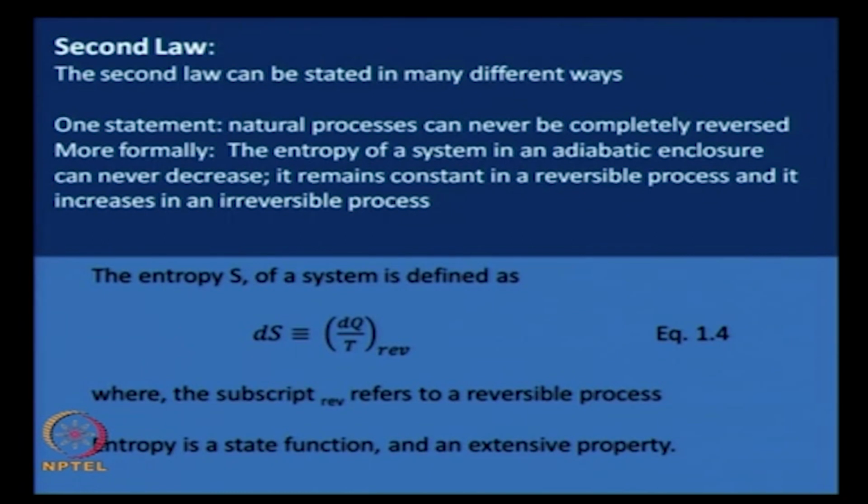Entropy is a state function and an extensive property. State function: it depends only on the state of the system and not on the path taken to reach the state. Extensive property means that the more the amount of material there, the higher the value of the property.